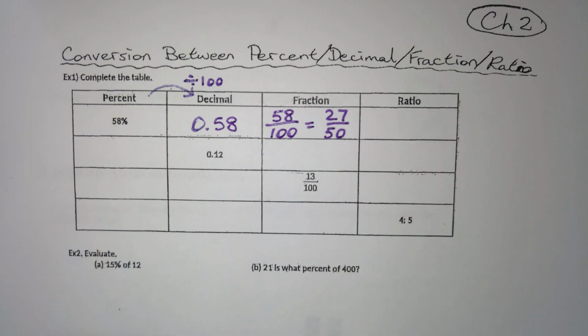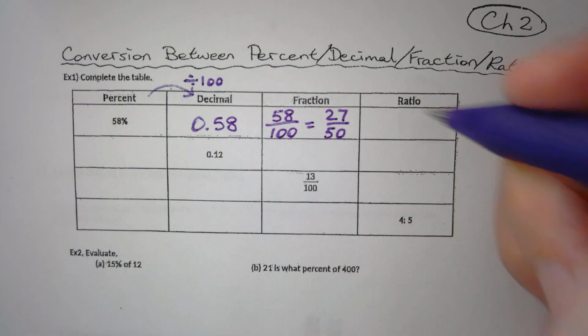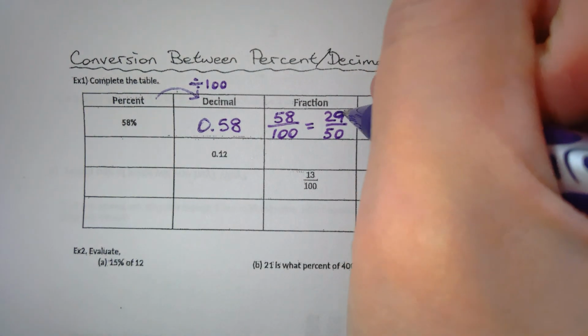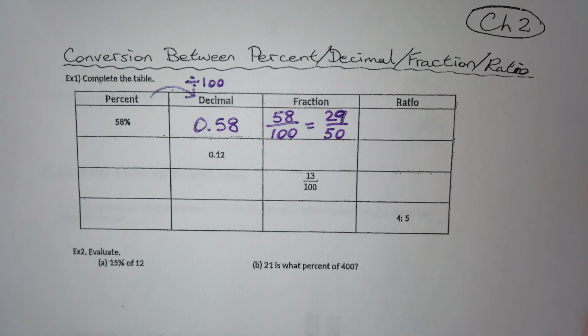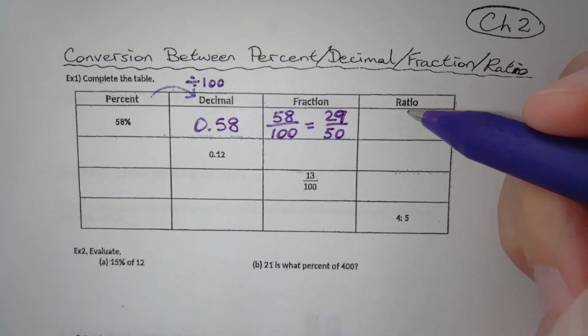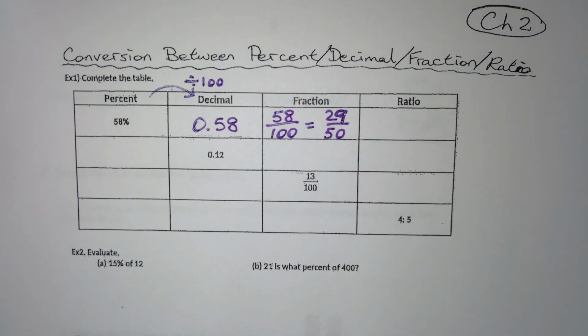Okay, what's the ratio? That's 50. Sorry? That's 54. It'd be 29. What? Oh, yes, 29. Thank you. 29 over 50. Yeah, and sorry, James, what is ratio? What symbol do we use for ratio?